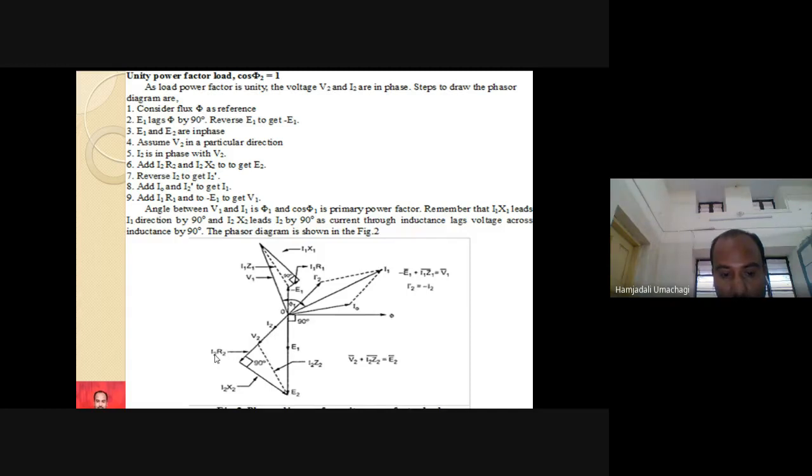So whatever the current direction of I2, in the same direction you have to show I2R2, because the angle between this and I2 will be 0. So I got V2, I got I2R2. What is remaining now?